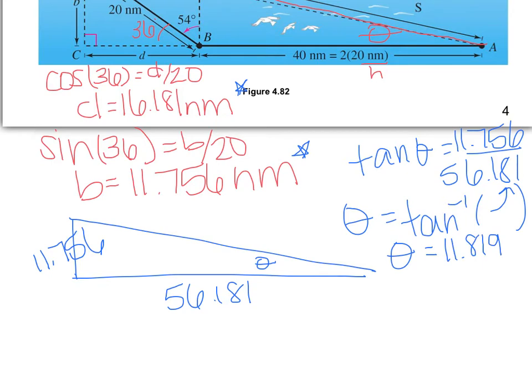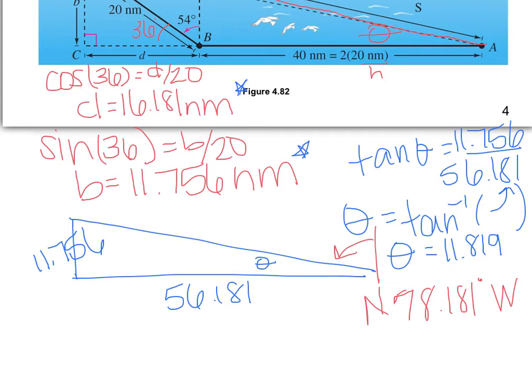But we probably want, no, we do want the angle from the north. So I'm going to subtract that from 90 and get 78.181 degrees north. It's north, 78.181 degrees west. 78.181 degrees west of north.